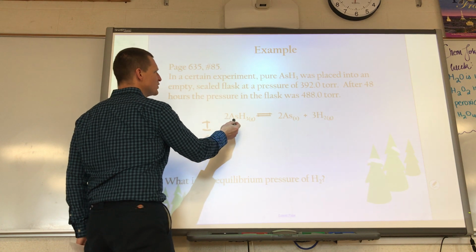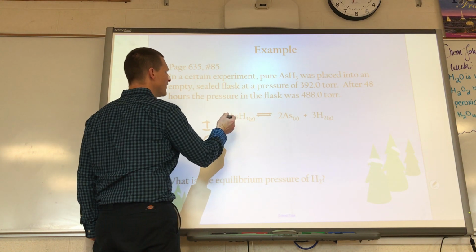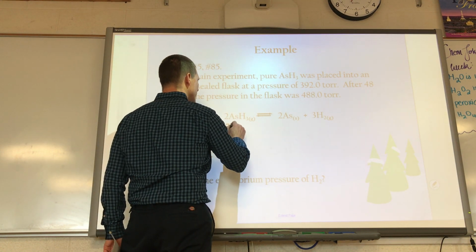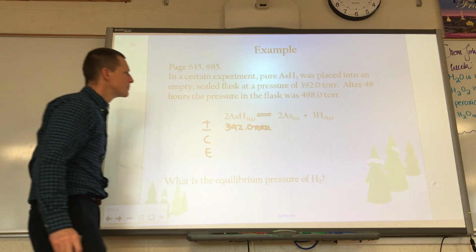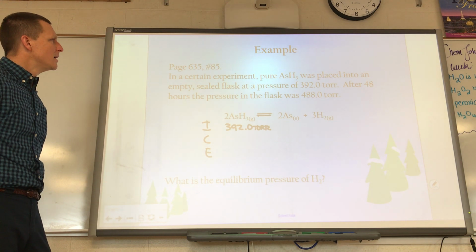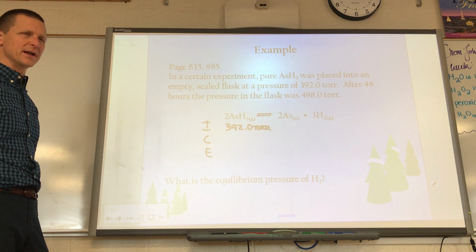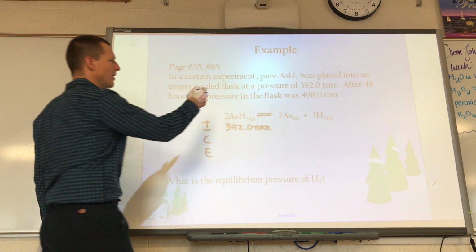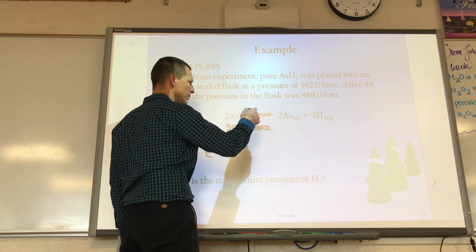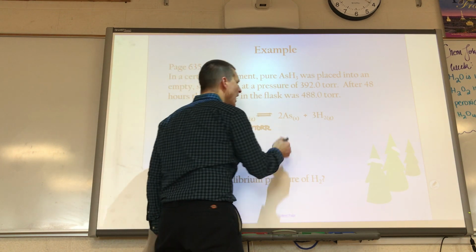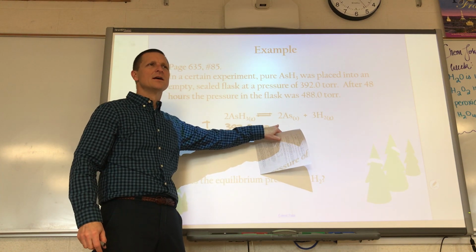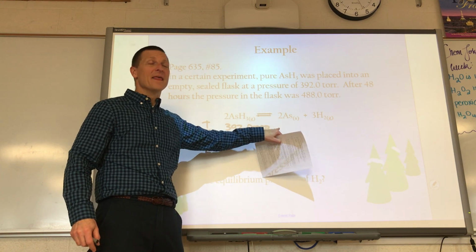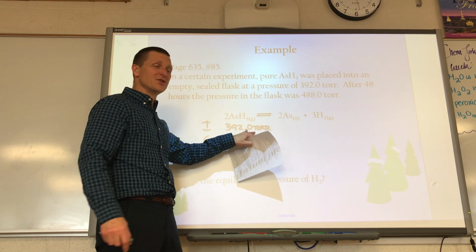Pure AsH3 is placed into an empty sealed flask at a pressure of 392 torr. That's all we know at the beginning. It says something about after the reaction has started, but at the beginning we only have that. Note, what do you see about the first product here, As? It's a solid. We're talking pressures of things.